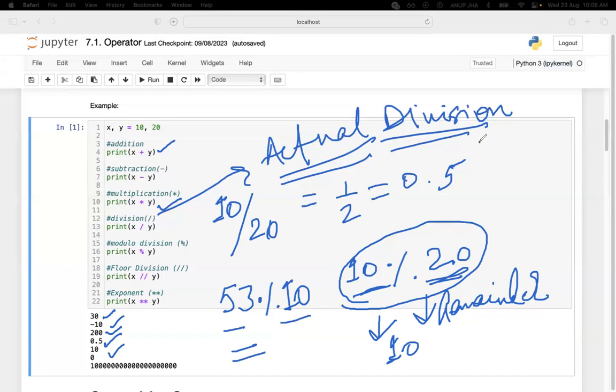Vaini, will you please say, when I divide 10 by 2, how much remainder I get? 10 divided by 2.